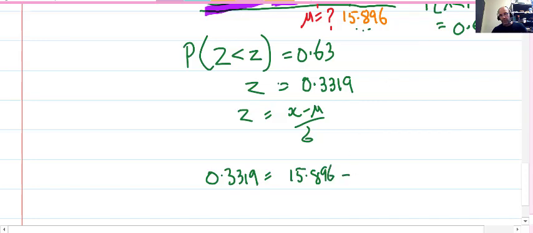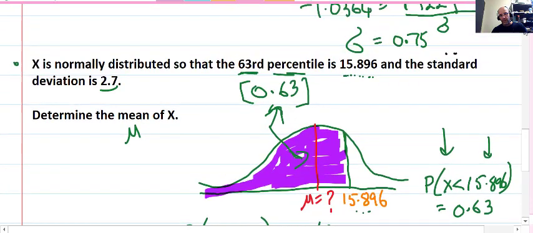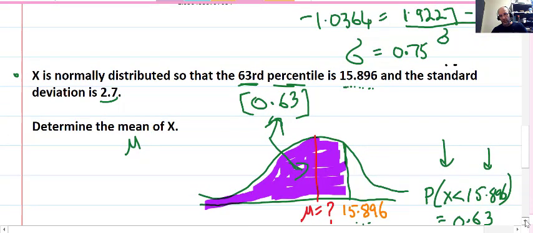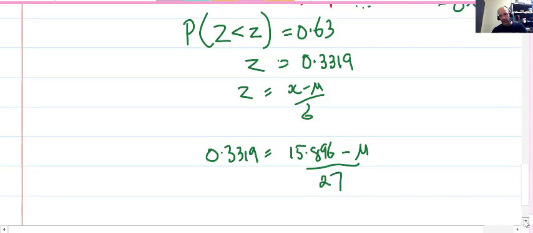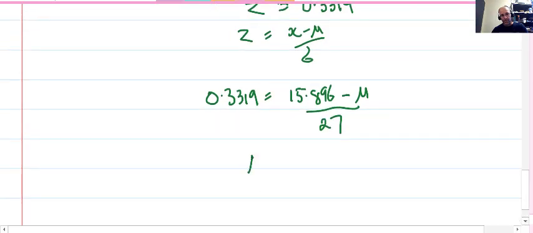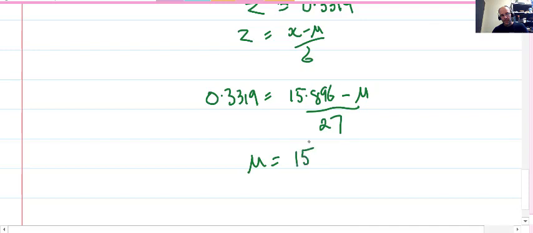Now remember we're given the standard deviation and it is 2.7, but we've got to find mu, the mean. We rearrange that and that gives us our final answer, which is 15. So the mean is 15.